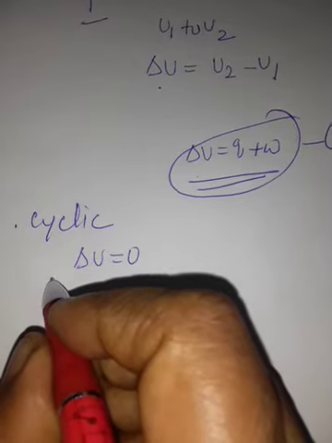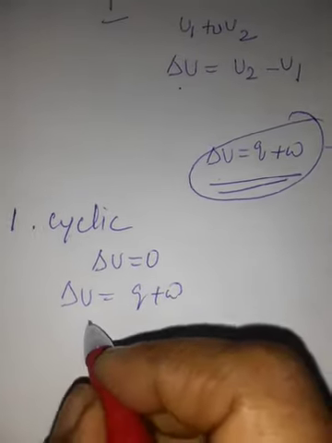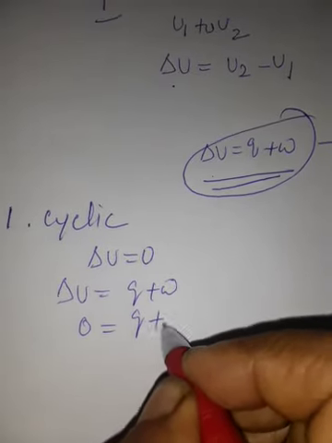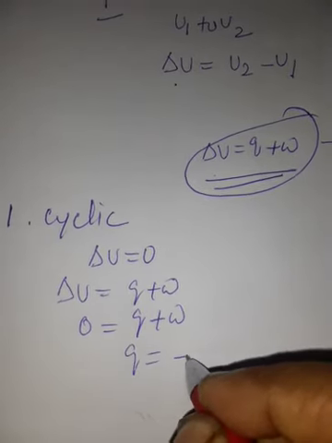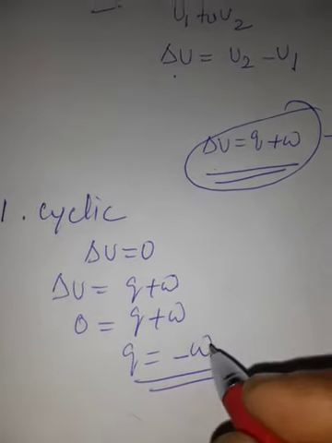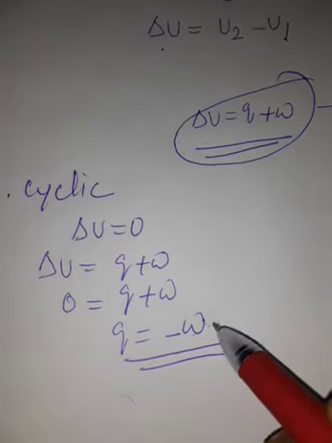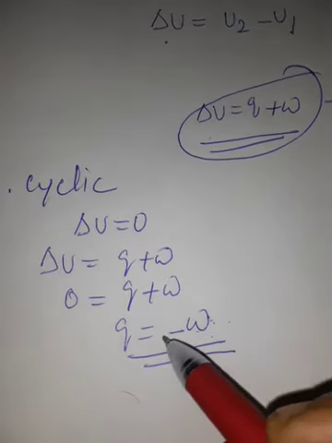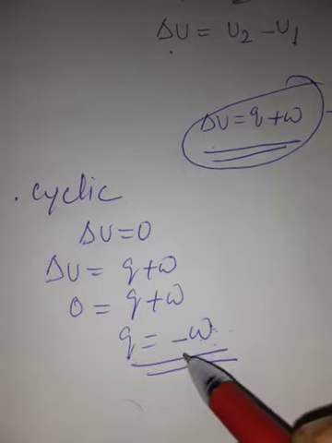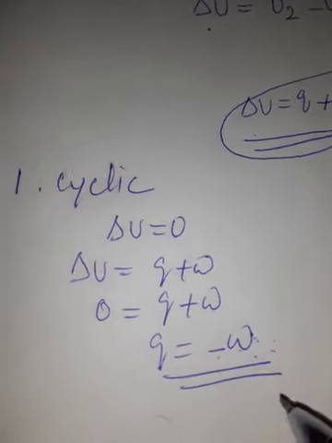So 0 is equal to Q plus W, so Q is equal to minus W. In other words, during a cyclic process, the heat absorbed by the system is equal to the work done by the system; the negative sign means work done by the system.